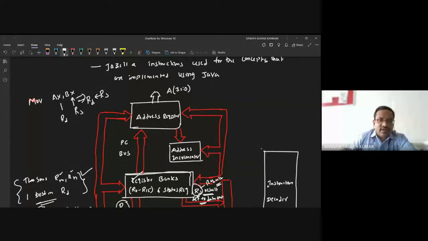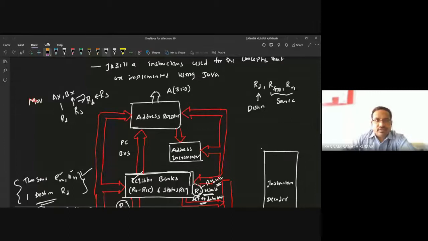But in the ARM, you have two source registers and one destination register. In the ARM, the format is like ADD RD, RN, RM. These two, RN and RM, are source registers, and RD is the destination register. You are adding the content of RN and RM, and the result is stored back in the destination register.